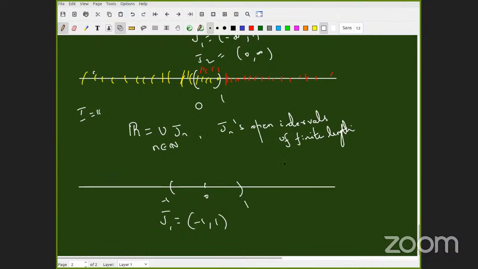I want to expand the kingdom. J2 can be the open interval (0, ...). Rahul, let's wait for others. We'll give 30 seconds. You also think with them.